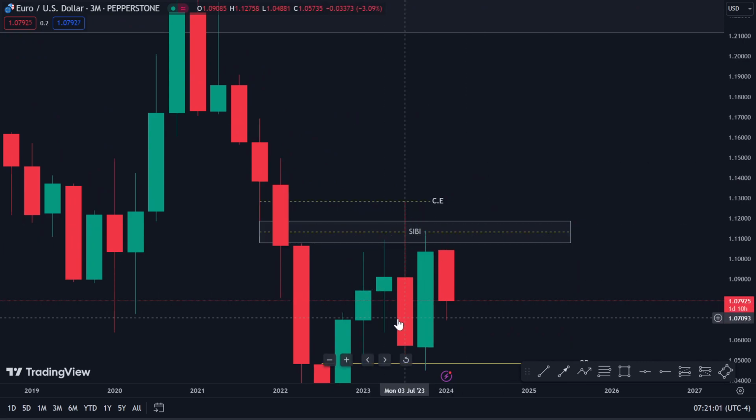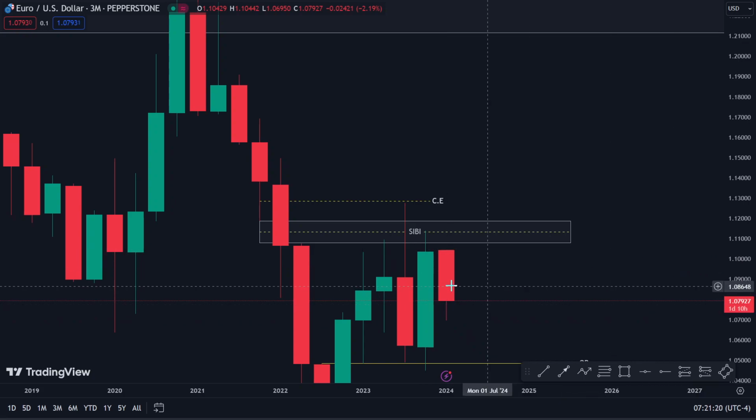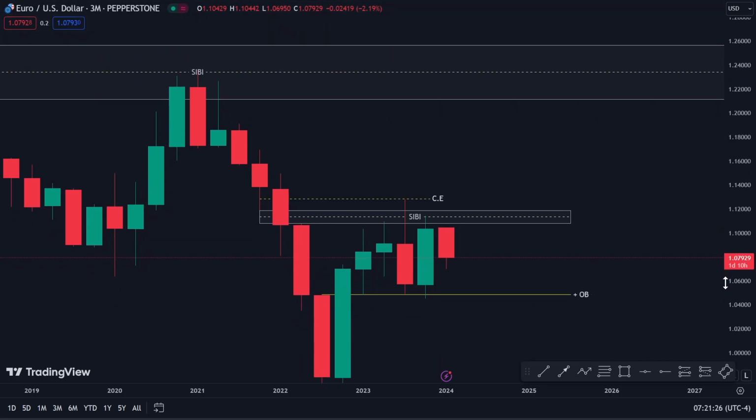So that's what happened here. You see price blasted past our CB and repriced lower, and during this next quarter, it repriced into the consequent encroachment of our CB and went lower in the quarter that we are currently in, and we are about to probably move into the second quarter of the year 2024.